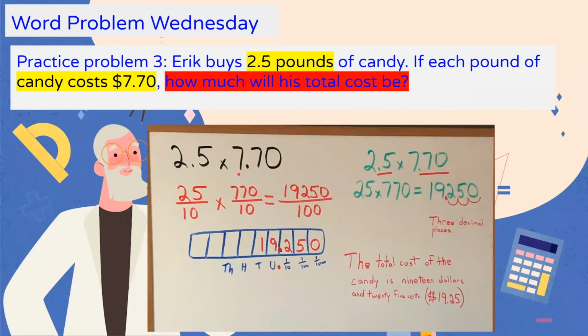So we can, again, convert these into fractions. 25 tenths multiplied by 770 tenths. I'm sorry, 77 tenths. We shouldn't have had that 0 there. But either way, we wind up with 19,250 100ths.